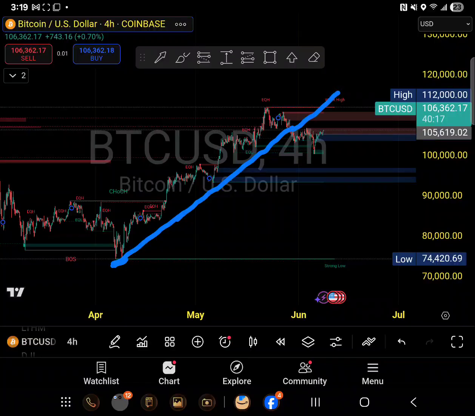It breaks the trend line which was coming from the bottom. And if I draw one more trend line from here, it is trying to break again. So this is how I started to look at the chart. I drew a trend line coming from the bottom, which is already broken on the 4 hours.